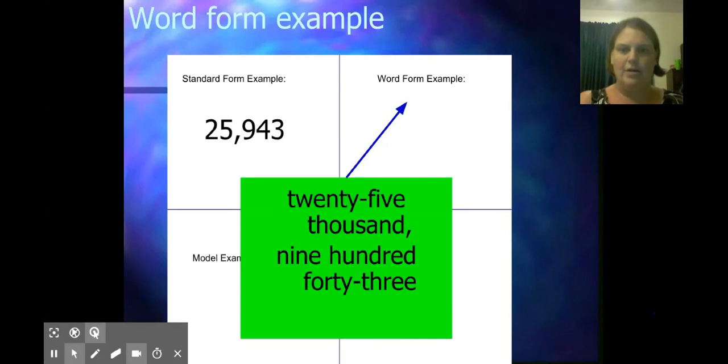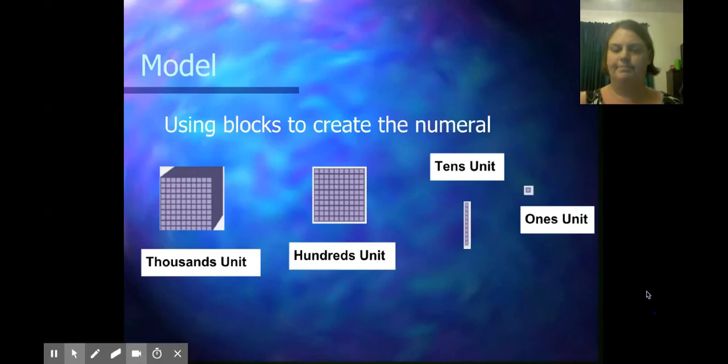Our next example is the models. So we use place value models. I have some at the back of the classroom. If you come to some work that you would like to use physical models for, I have some. You'll be using them to create some examples in one of the activities in this section.